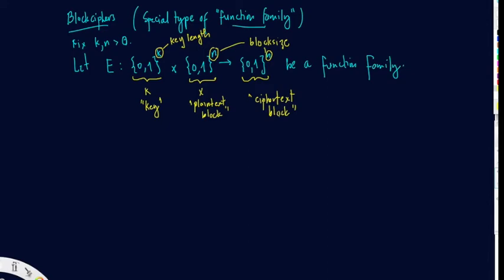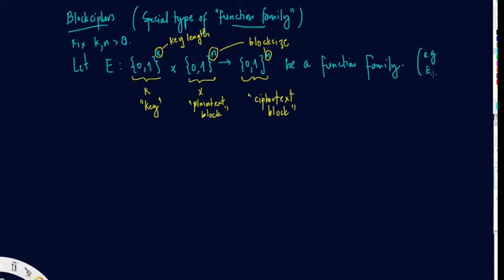We're saying let this be a function family. When we say let it be a function family, what we mean is that we're going to be thinking of E not as taking k and x as input, but as E sub k of x. That's the way we're going to think about this.